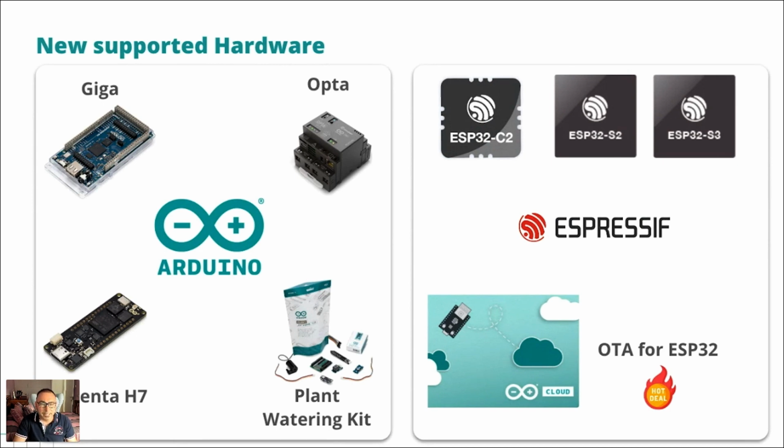But the IoT Cloud is not constrained to Arduino boards, so we are not leaving behind ESP32 users and boards. We have included support for the C2, S2, and S3 platforms. Additionally, now it is also possible to do over-the-air updates for ESP32 platforms too. This was a feature only available for Arduino boards in the past.